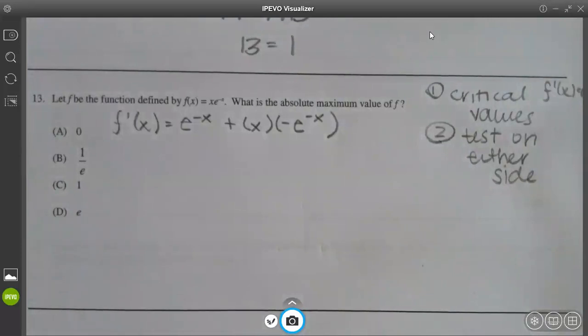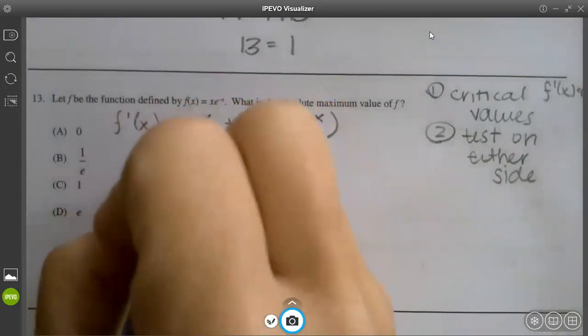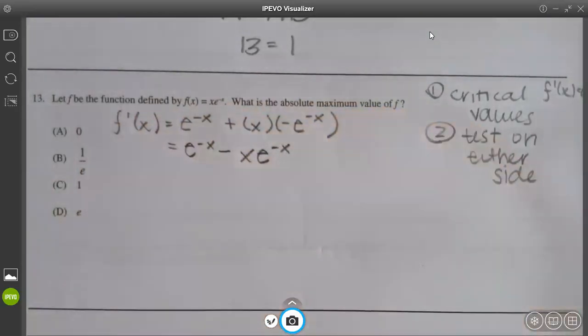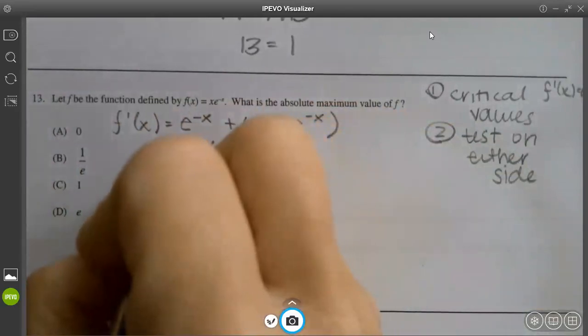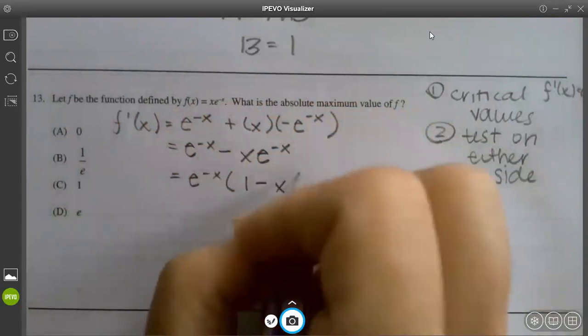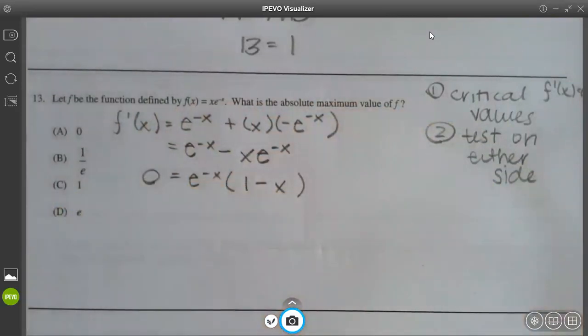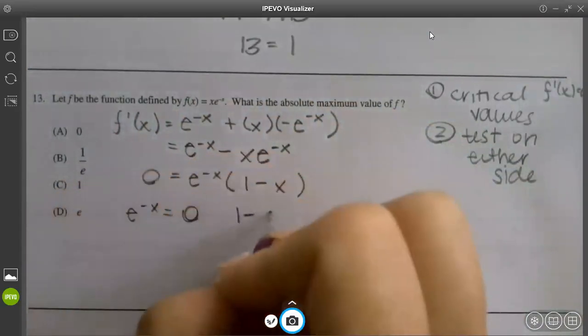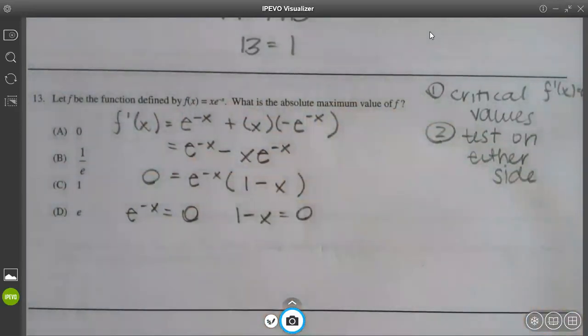It's the same thing, and then the derivative of the power. I'm going to clean this up just a minute so you can see it. Minus x e to the negative x. Looks like this. What do you notice about both? They have e to the negative x that I can take out. That leaves me with 1 minus x. We set both values equal to 0.